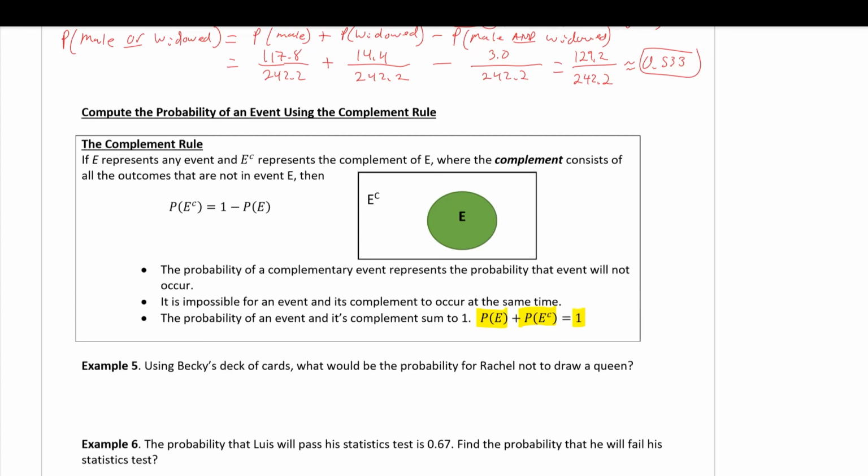Okay, so there are a few notations here that you'll probably run into. Some textbooks use a superscript to represent the complement of a certain event. This is also sometimes shown as E with a bar on top, something like that. And I've seen other notations too.